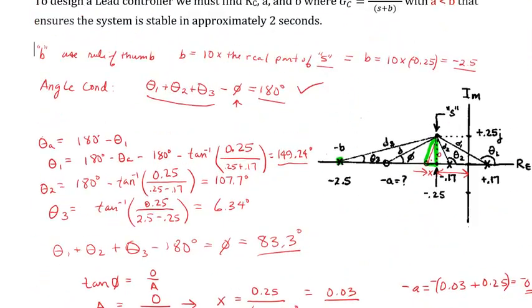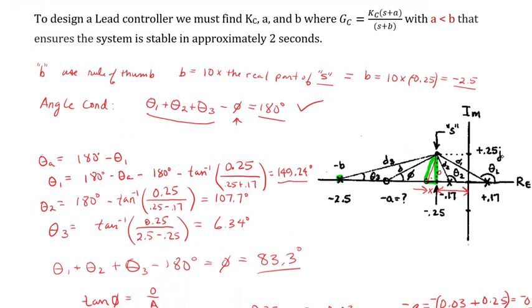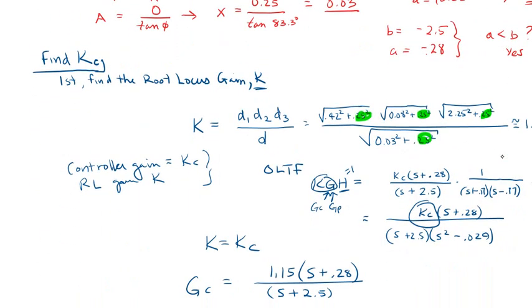And what we know about the controller is that it's going to settle the pitch set point in 2 seconds, which is a settling time of 4 time constants. That's what we know. We'll talk more about why that's the case with this, but for the time being, we'll complete this problem, and we've now found the lead controller for this situation.